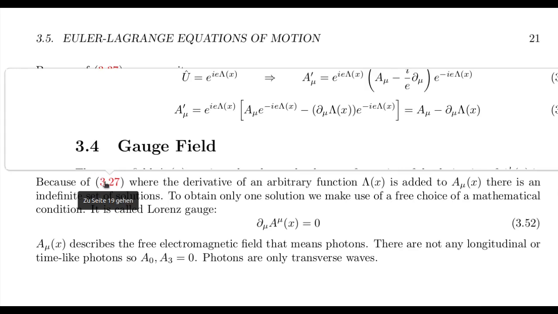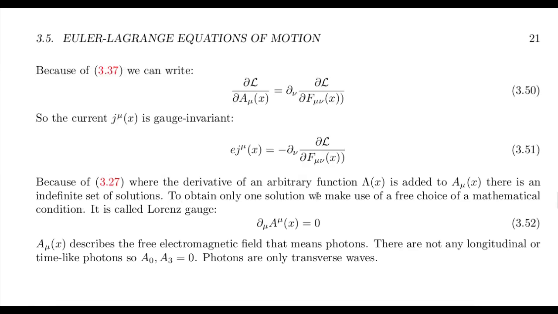327, where we have the transformed gauge field is equal to the old gauge field plus the derivative of an arbitrary function lambda, we must say we would have an indefinite number of solutions.